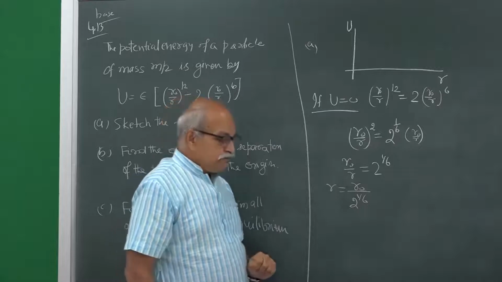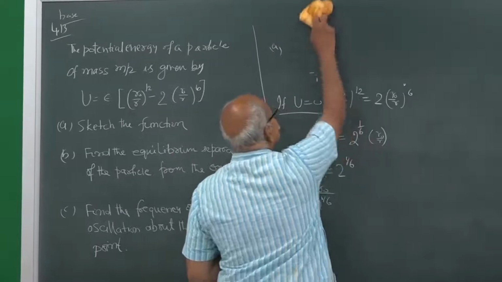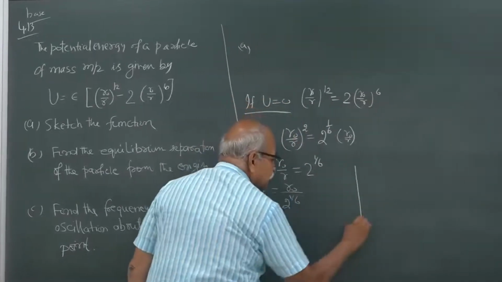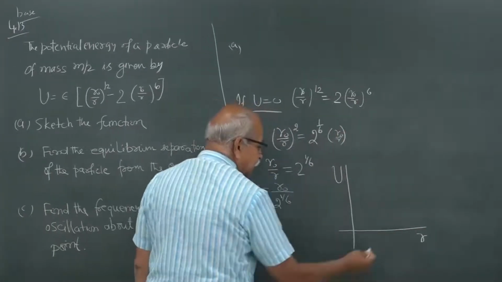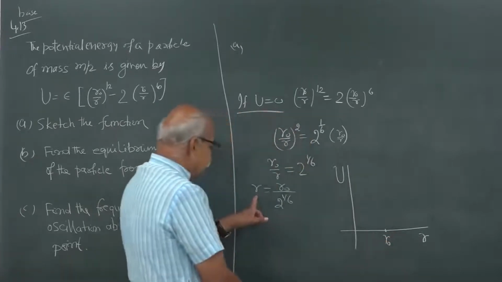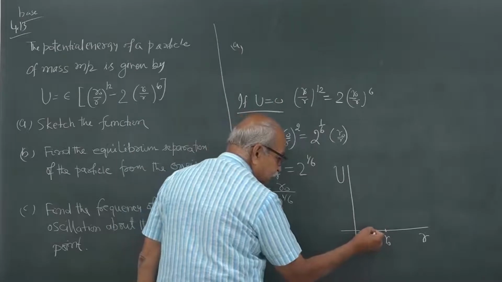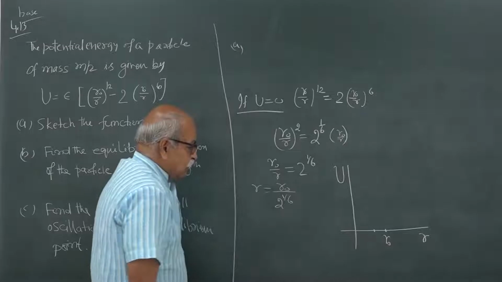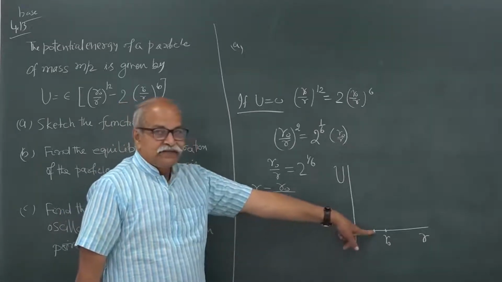On this graph, suppose this is my r, this is U, and this point is r naught, and the r which makes U equal to 0 is somewhat less, suppose it is here. It will cross the r axis only at one point.